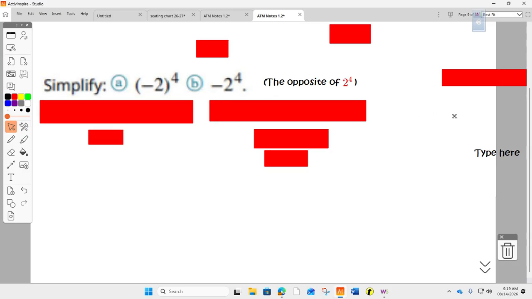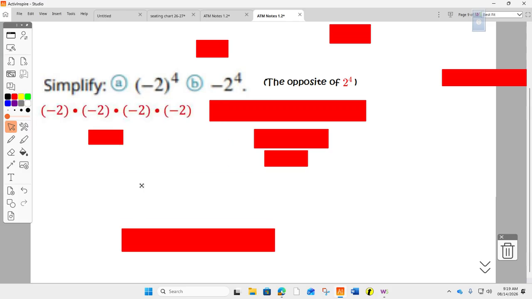I'm not grading your notes, and you can add to them, but I do expect you to follow along and complete the notes. So if we're raising -2 to the 4th power, we can put those parentheses in on our calculator. I don't expect you to do them by hand, but that means -2 is a factor 4 times, right?